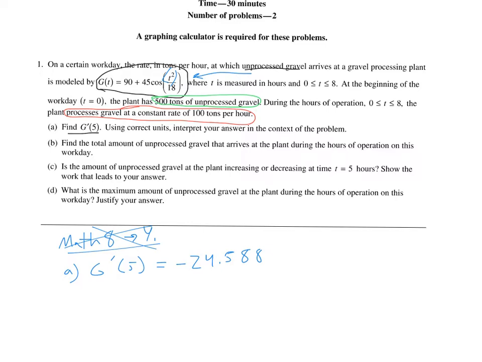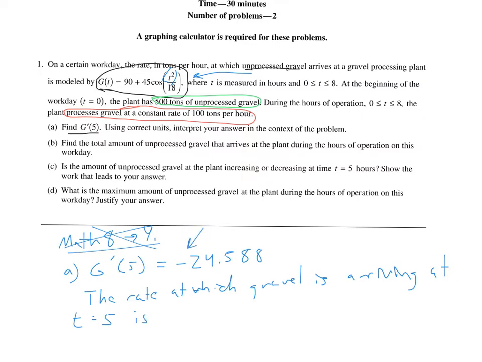In other words, since G is kind of like a first derivative, it's like a velocity, G double prime is like an acceleration. And so the way that we would write our answer is we would say the rate at which gravel is arriving at t equals 5 is decreasing, right?